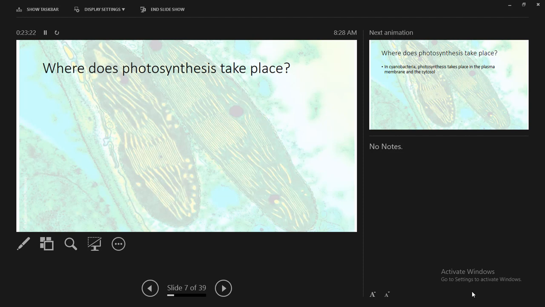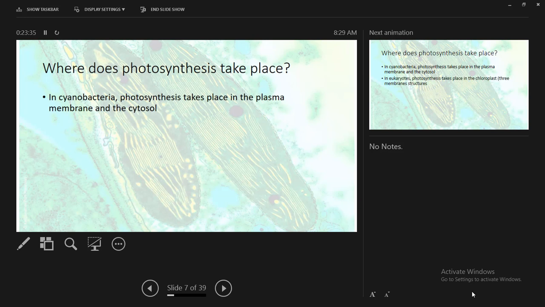Where does photosynthesis take place? Now, we just mentioned this. Somebody tell me, in our bacteria that undergo photosynthesis, where does it take place? Isa. In the plasma membrane. So in cyanobacteria, you nailed it, photosynthesis takes place in the plasma membrane.